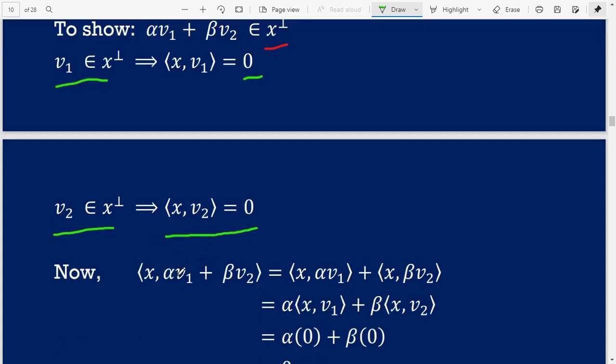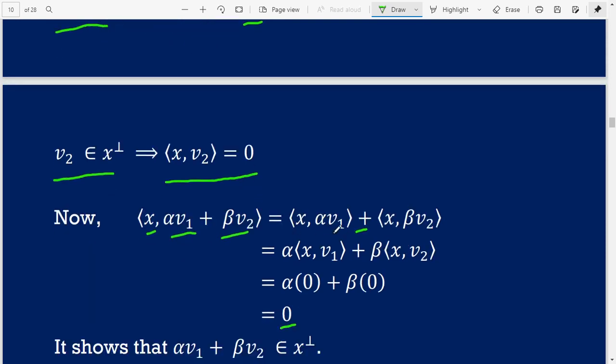So now inner product x with alpha v1 plus x with beta v2. Now using the property of inner product, alpha into inner product x with v1 plus beta into inner product x with v2.